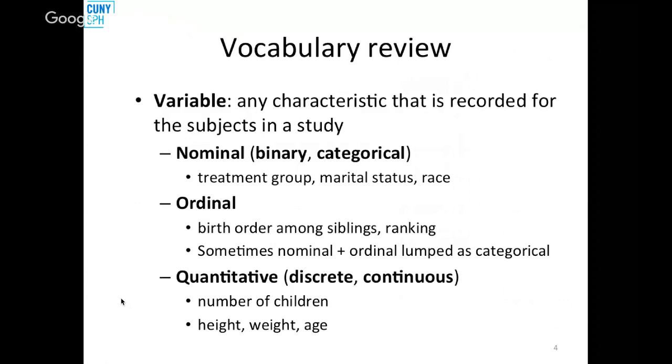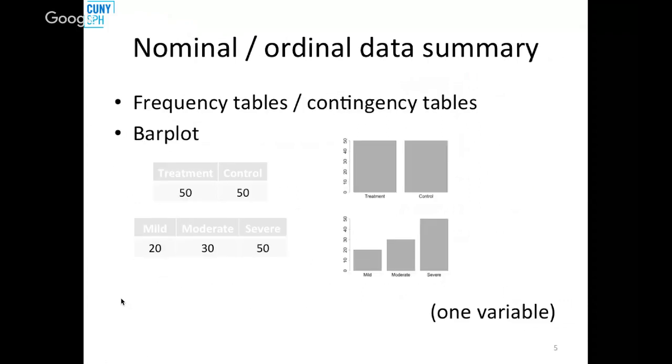Discrete meaning that it takes on only particular values, and continuous, of course, meaning it can take all possible values between the bounds.